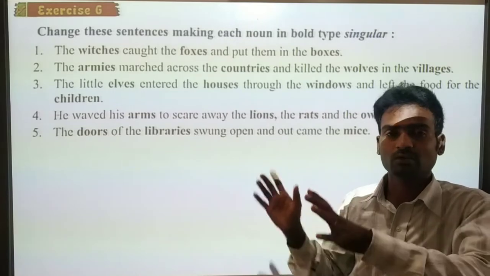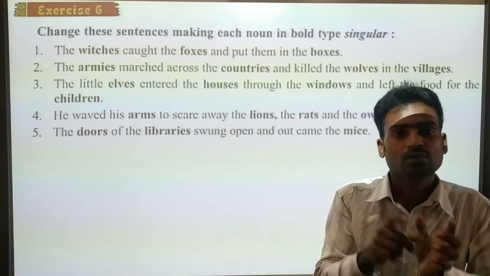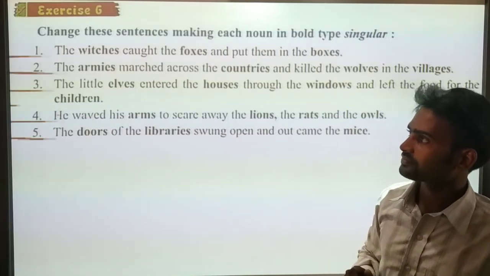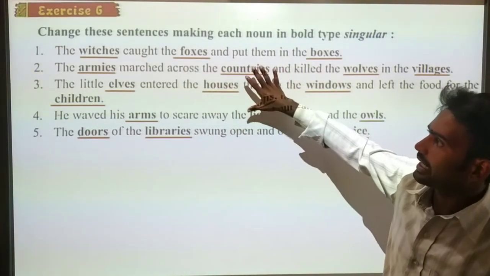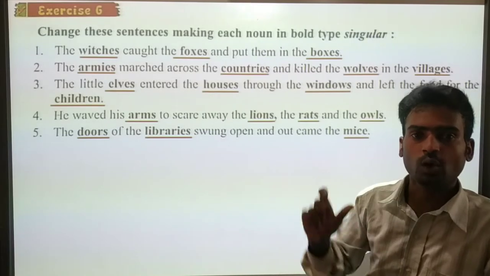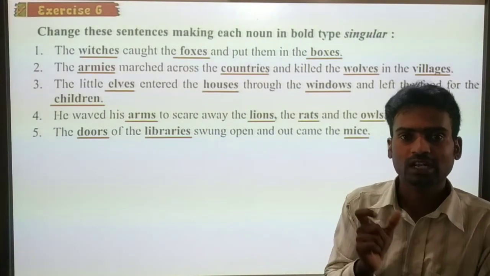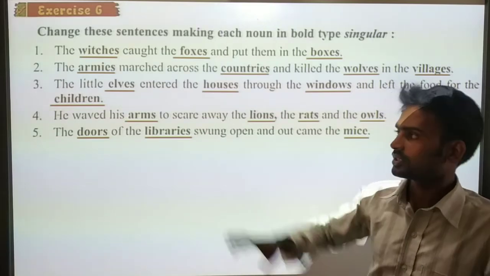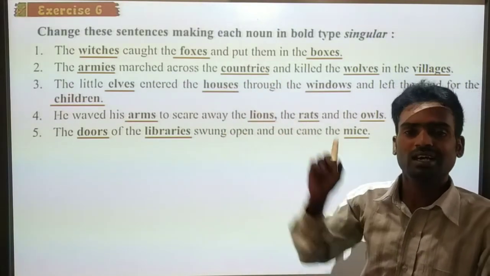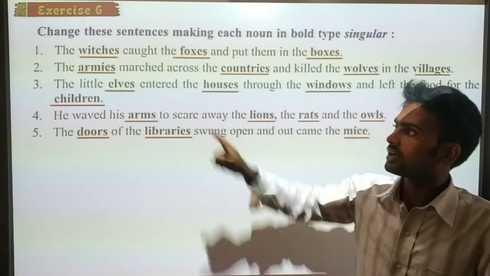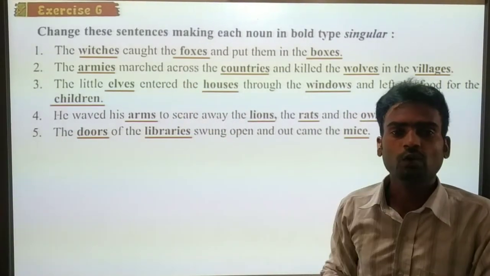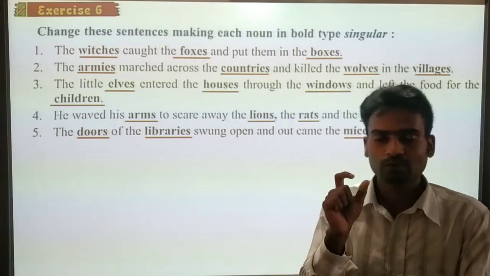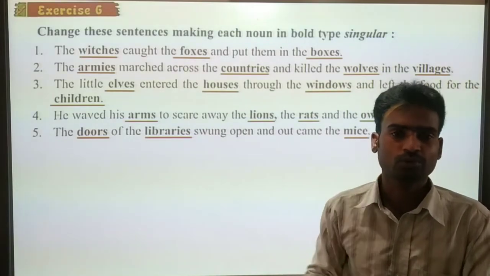So now we have to change the plural nouns. Okay, here all these underlined words are called plural nouns. Now we are going to change those plural nouns into singular nouns. Here, witches. How do we recognize a noun as a plural?